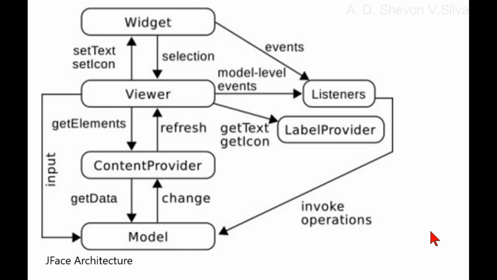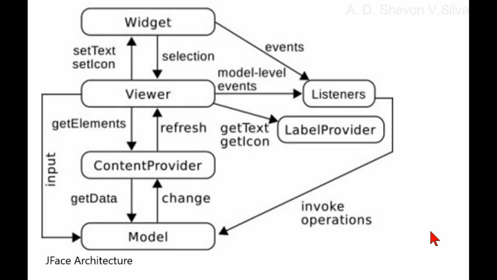The framework includes a deliberate redundancy regarding changes in the model. When values change within a data element, then those may be translated for the viewer either by the content provider calling the viewer's update method, or by the label provider firing change events.